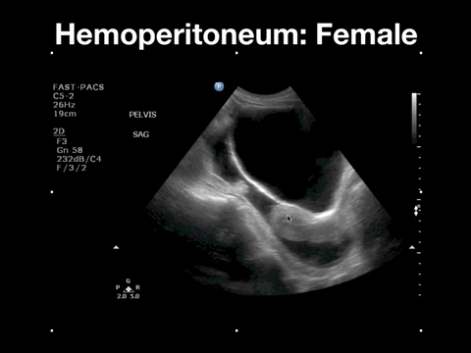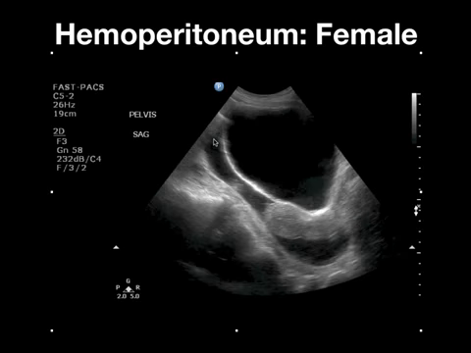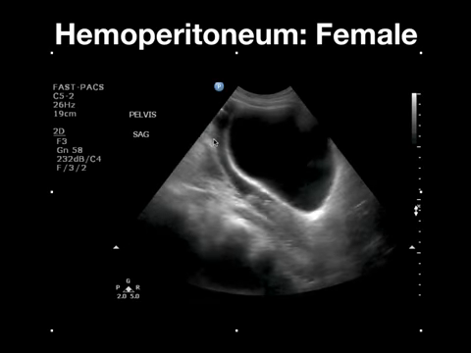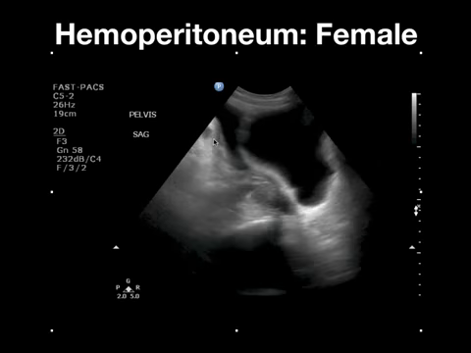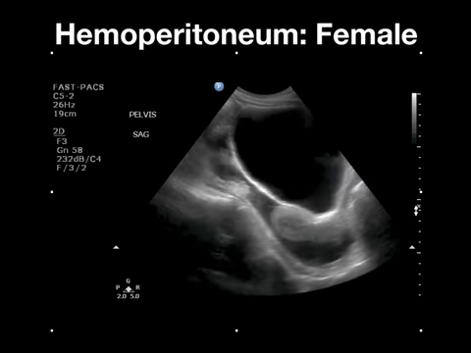However, here you can see the uterus, and down here in the posterior cul-de-sac you can see the presence of free fluid coming over the top into the anterior cul-de-sac and then displacing bowel gas and directly interacting with it, and you can see the sharp triangular corners. So this was a patient who also had a splenic laceration and had a large amount of free fluid in the pelvis.